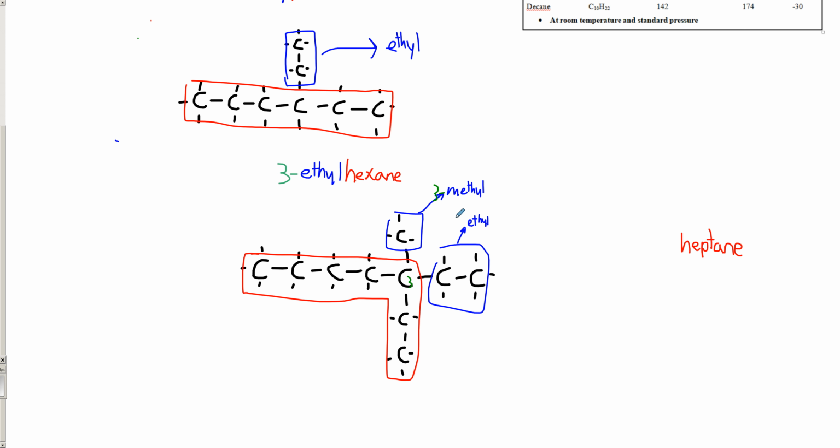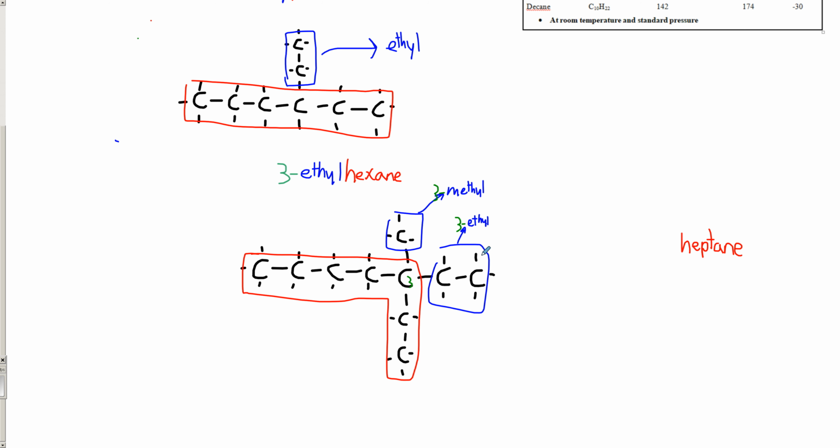Now we have to put these into the name. One thing that is important is that we use alphabetical order. Yeah, I know, they keep adding little things into what you have to do. It's going to get worse, but this is not too bad.